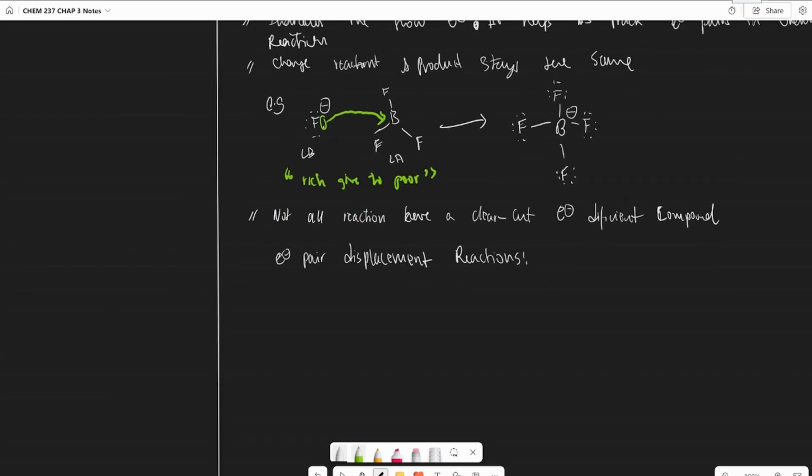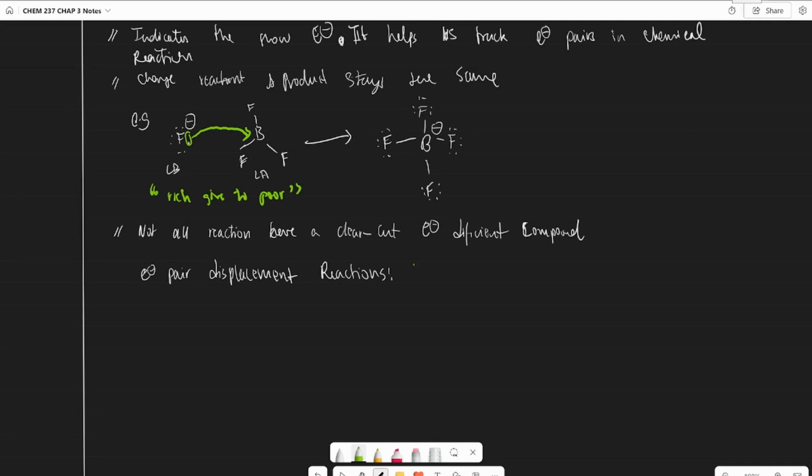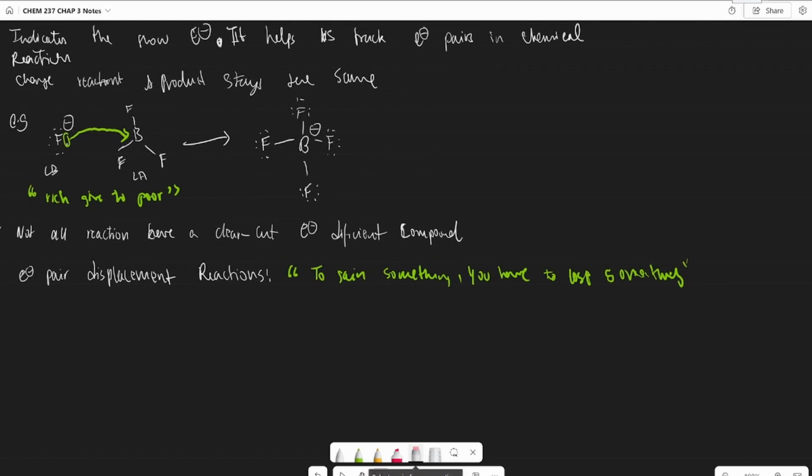The other key concept that you need to know is that to gain something, you have to lose something. I'm probably going to rewrite this part so it doesn't look so horrible.